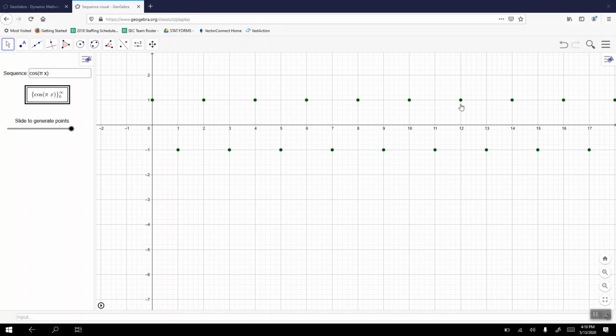Well, there isn't. It's either going to be 1 or it's -1. There is no in between. They are not converging, which means at this point in time, cosine of pi times x diverges. This is a non-convergent sequence.